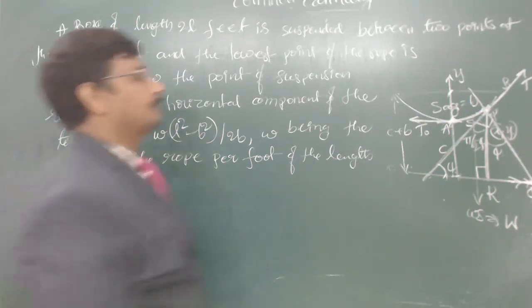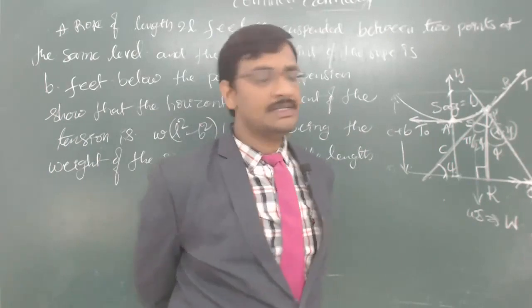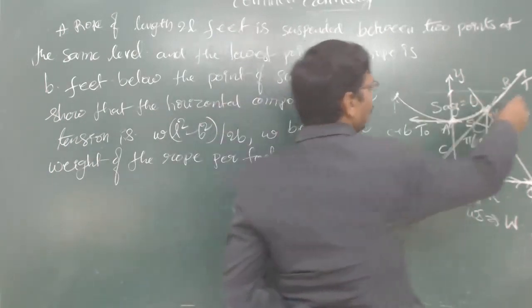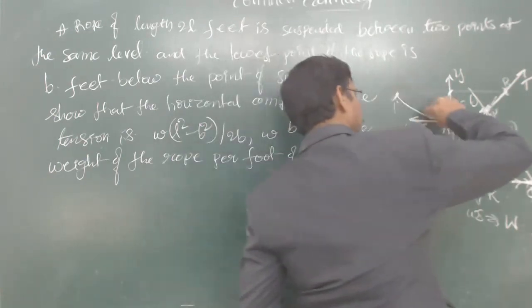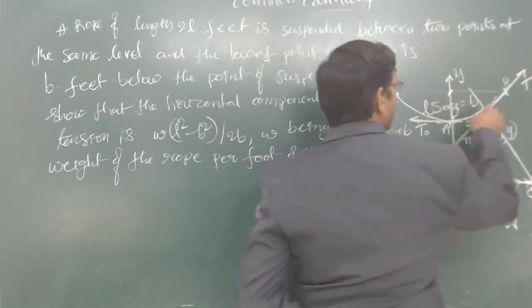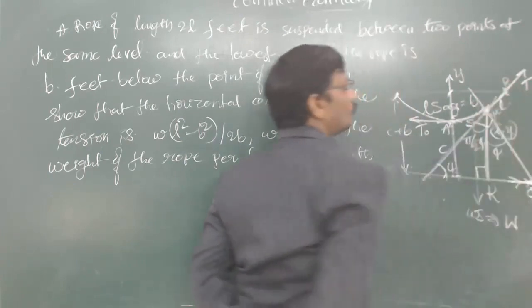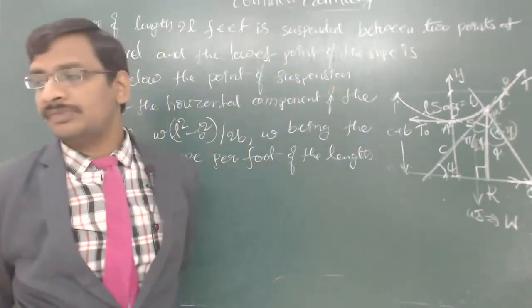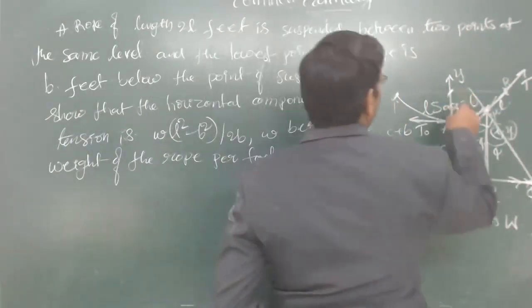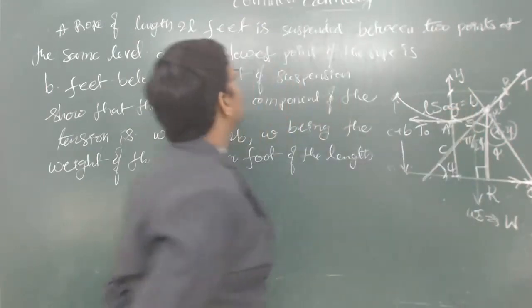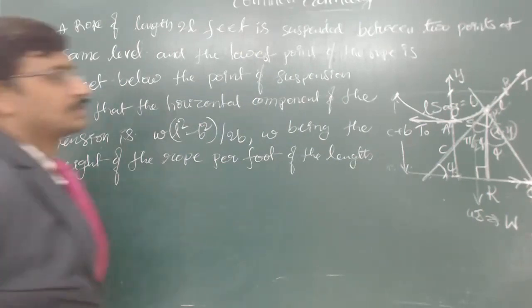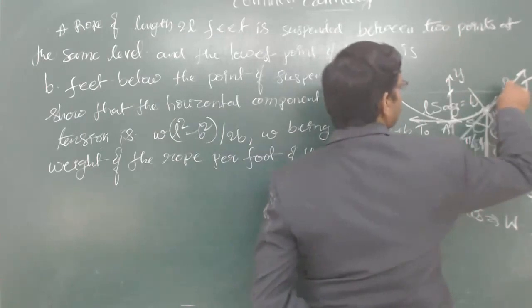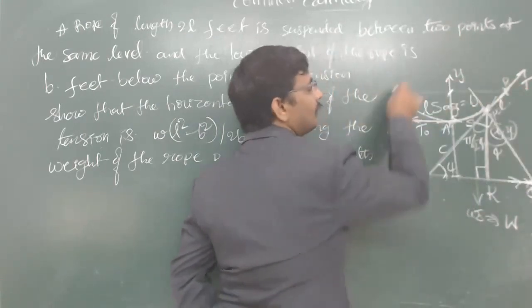So here the length was given in feet, and from here to here that is 2L length. That means this part of the length is L and this part of the length is L. This is the point of suspension and these two are at the same level.